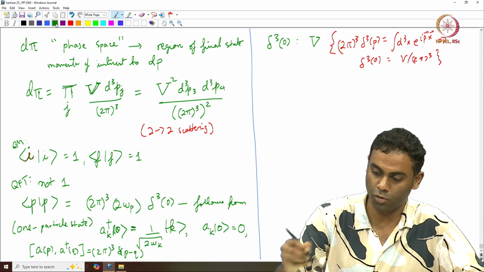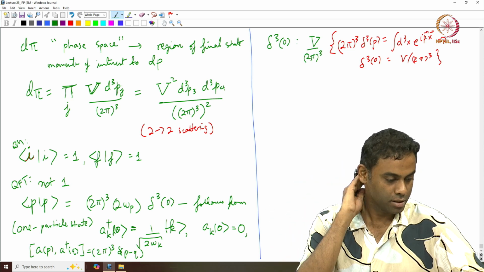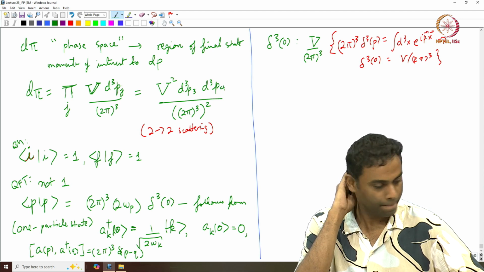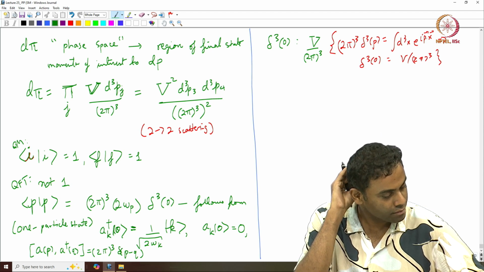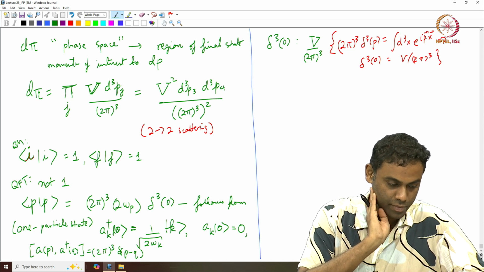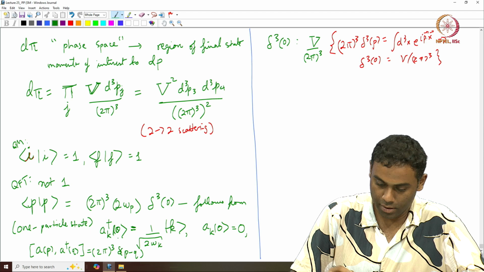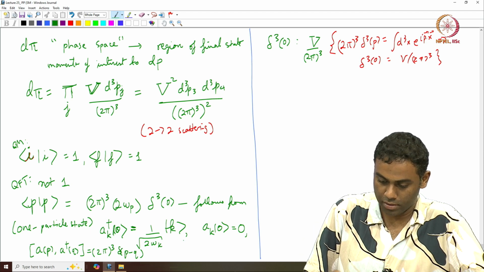Yes, so it's actually volume over (2π)^3 to be exact. So this is what we are going to make use of. Basically, we are going to make use of these commutators.